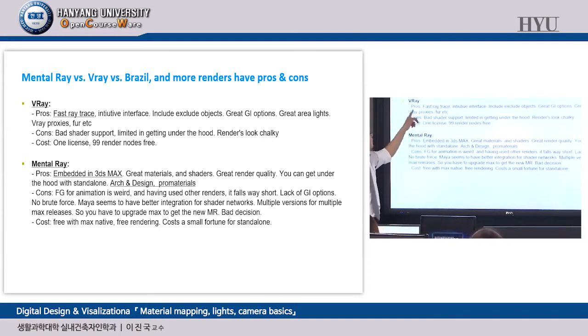Anyway, pros of V-Ray: fast ray trace, very soft visualization. Mental Ray pros: embedded in 3D Max, free. Cons: bad shader support and something else. Cons of Mental Ray: FG. FG means final gather. Next time, in detail, a lecture on 3D Max Mental Ray.